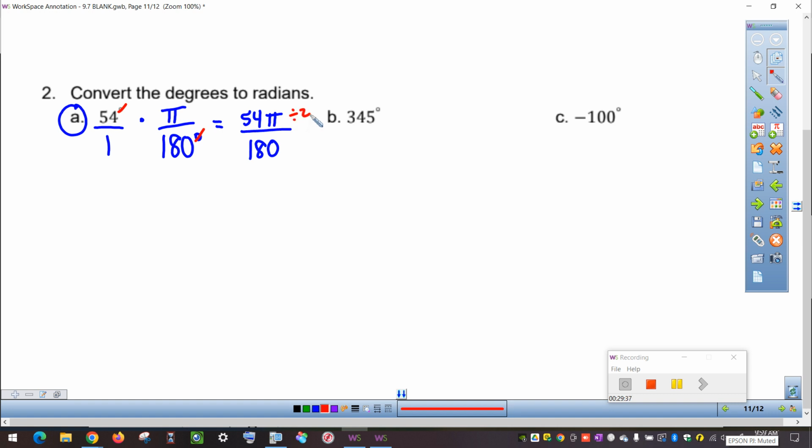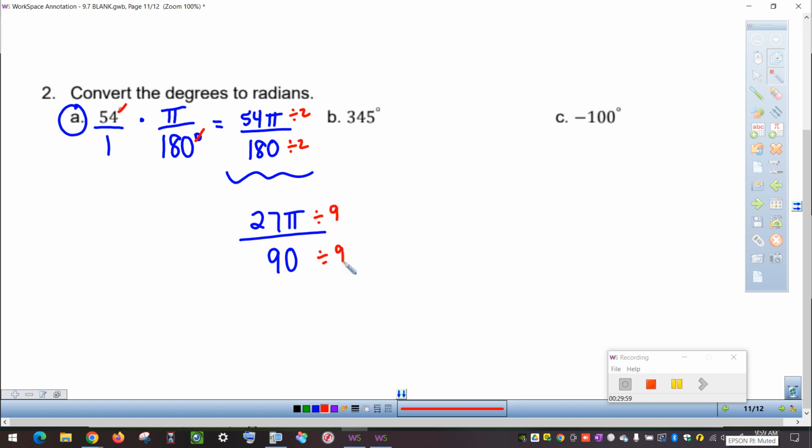So if I were to divide both the numerator and denominator by 2, I'm just going to see where that gets me. We might be able to go further, but that's going to get us to 27 pi over 90. Looking at the 90 and looking at the 27, I'm thinking, okay, I can actually divide both the top and bottom by 9. So I'm going to go one step further.